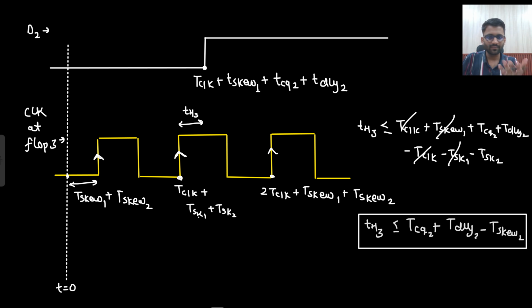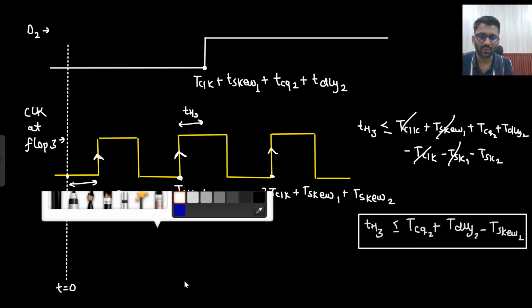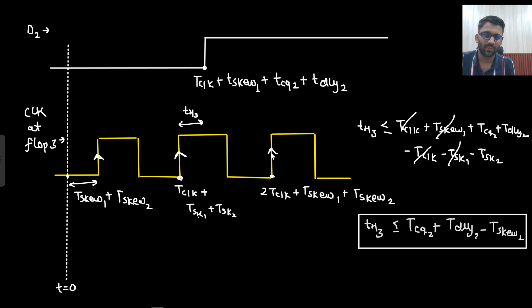So for T clock as well, you can write down the equation now. What will this clock say? This clock will say that I need the setup margin, that at least my input should be here. After that my input is stable, but before that the input is changing, but it should not change at least till my setup margin.